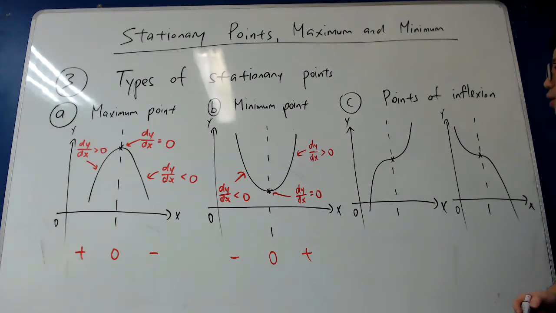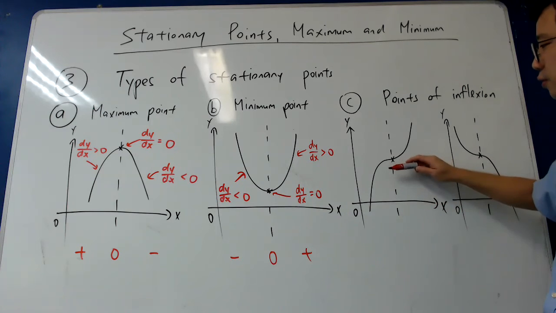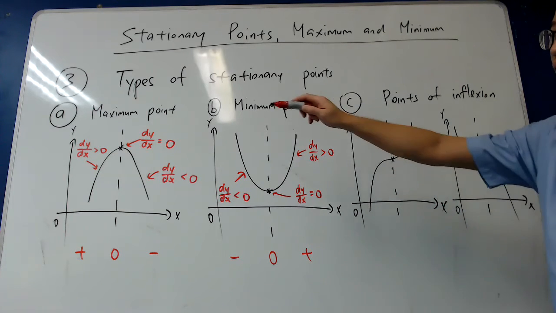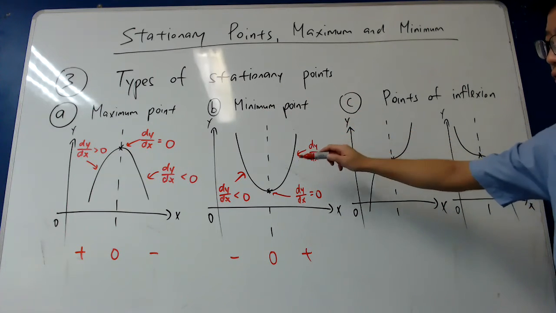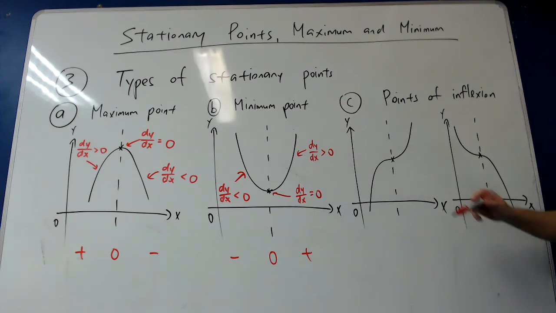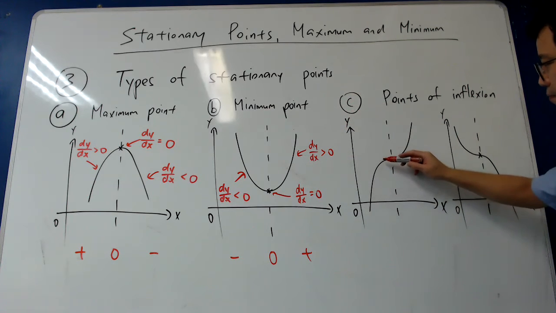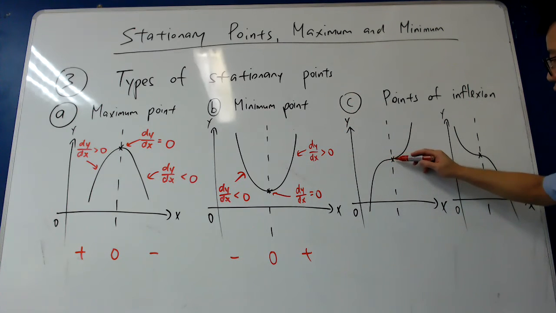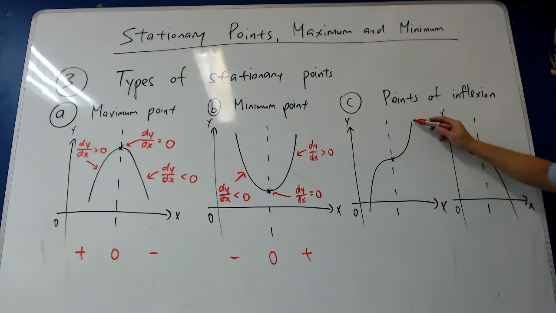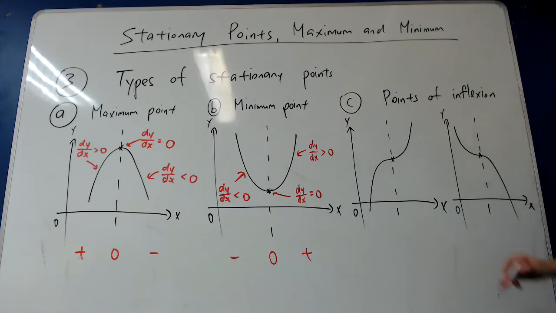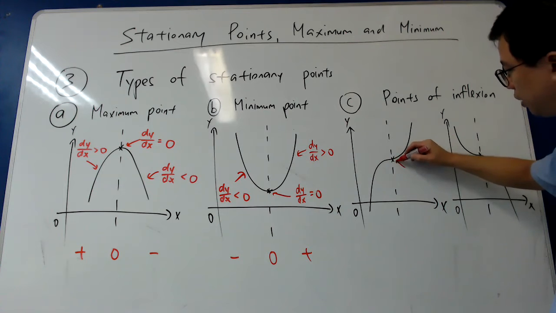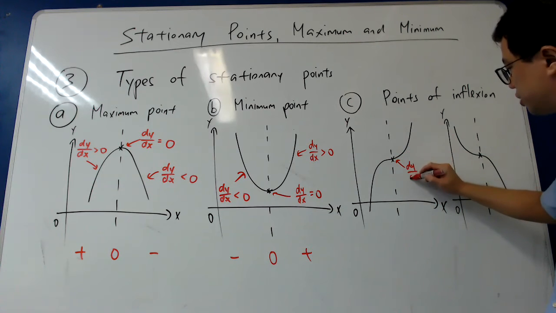As you can see, it is different from a maximum point or a minimum point. The curve goes up, here is the stationary point, then the curve goes up again. So here, at this point, the gradient is 0.